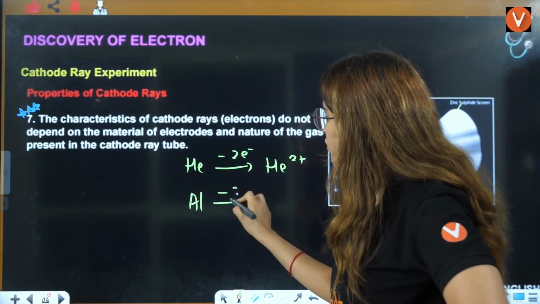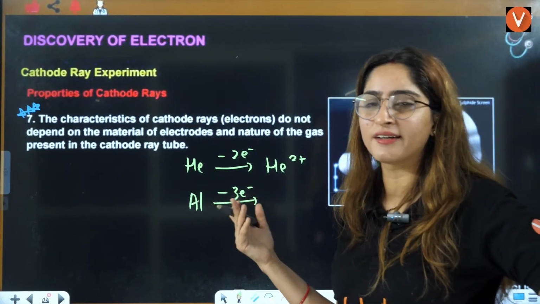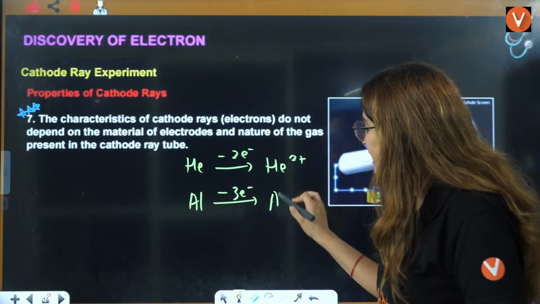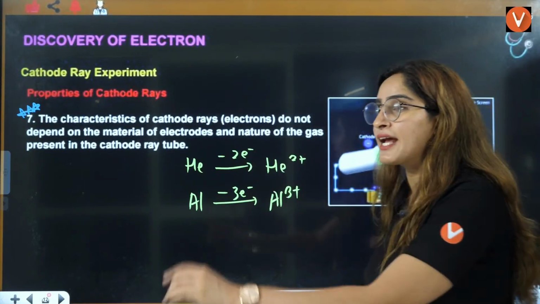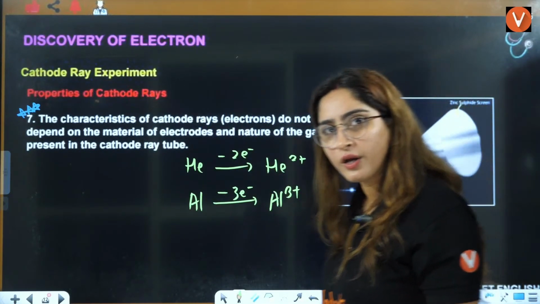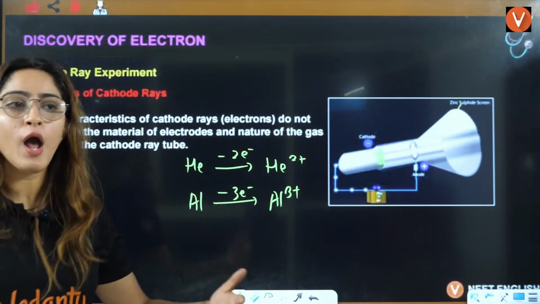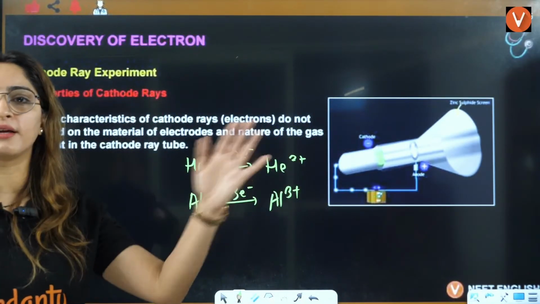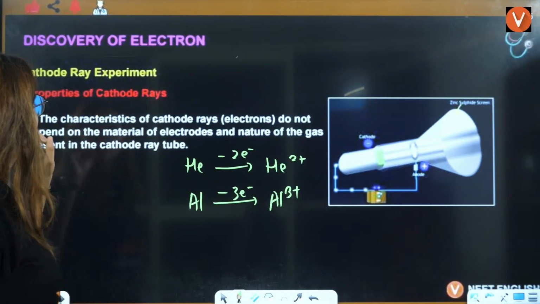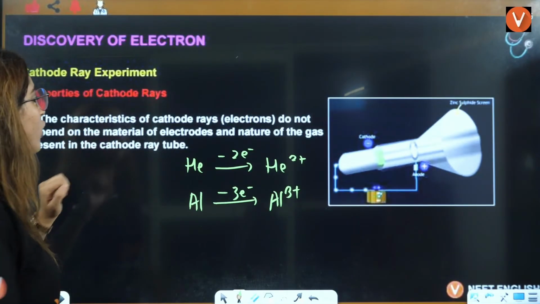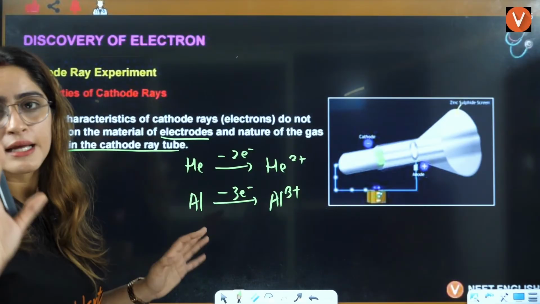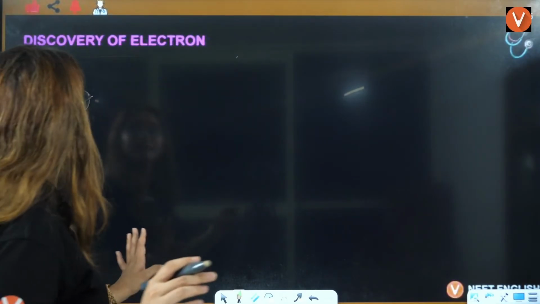When you take out 3 electrons here, which I'll explain in later classes, it becomes Al3 positive. These 3 electrons are 1, 2, 3, individual, right? Understood? They don't go hand in hand. So that's why it doesn't depend on the material of the electrode or the nature of the gas present in the cathode ray experiment, right?